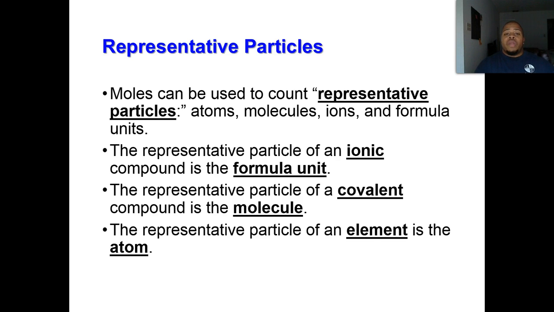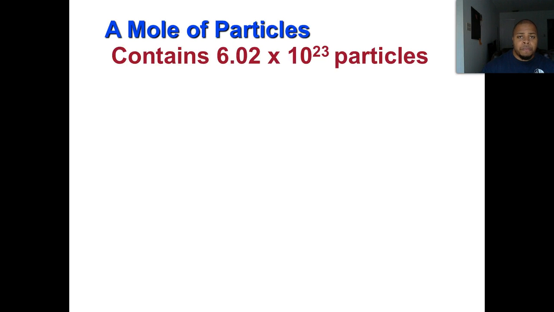Whenever we see how many particles, formula units, any of those things, we know that we're going to be dealing with that 6.02 times 10 to the 23rd number. Anytime you see this, how many blank in however many moles, this is giving us the idea of what we're going to be dealing with.